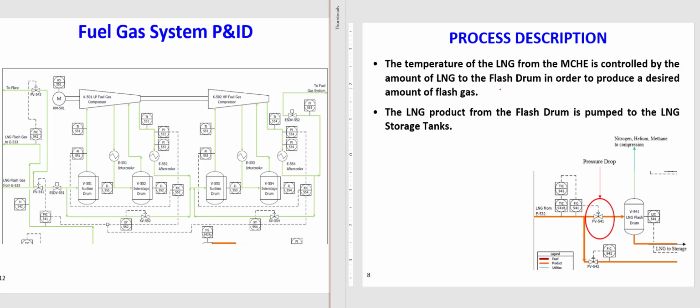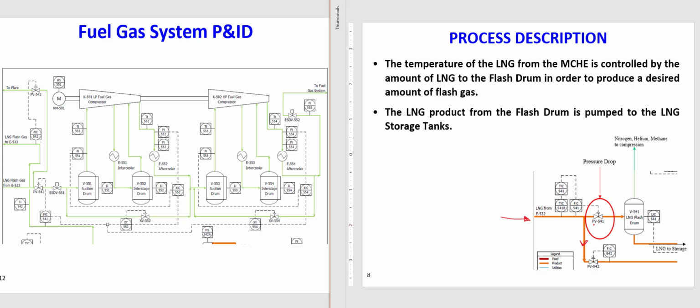Okay, the temperature of the LNG from the mixed refrigeration from the main cryogenic heat exchanger is controlled by the amount of LNG to the flash tank in order to produce the desired amount of flash gas. So here we have a side stream, as you can see.